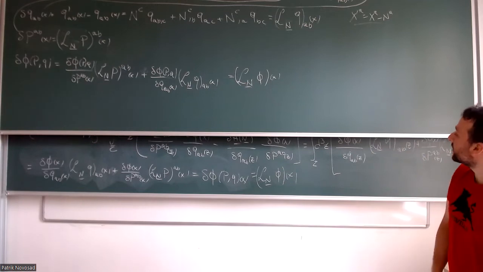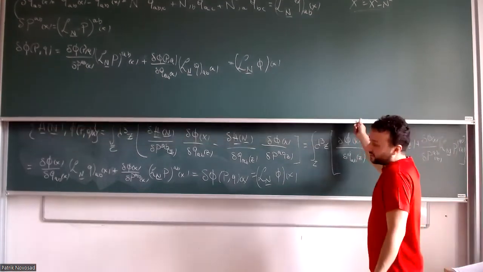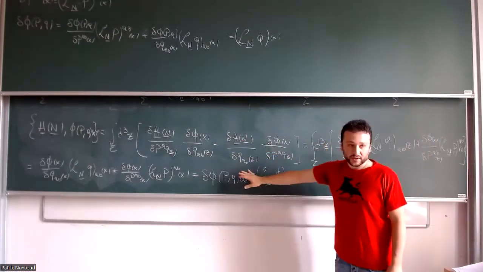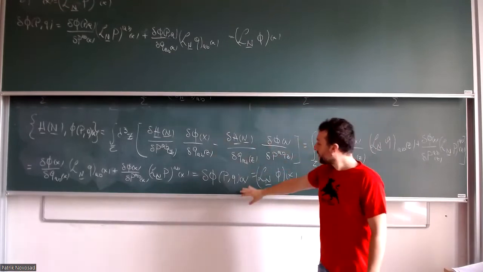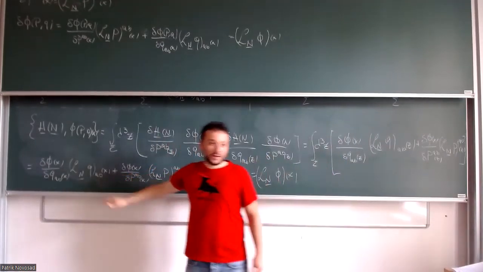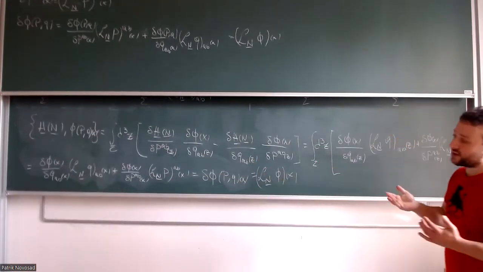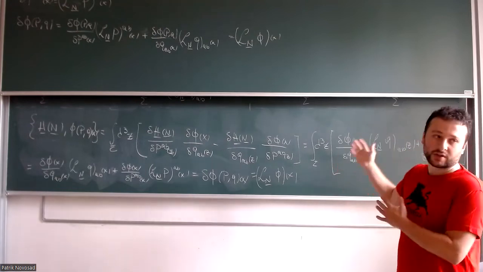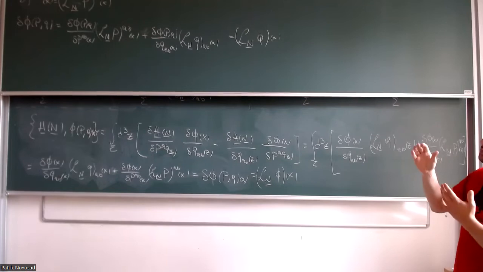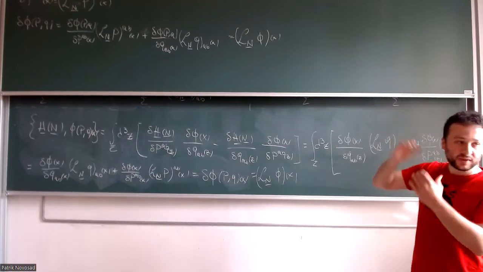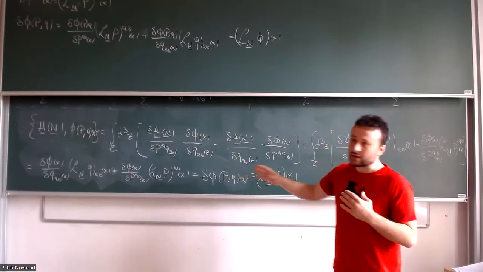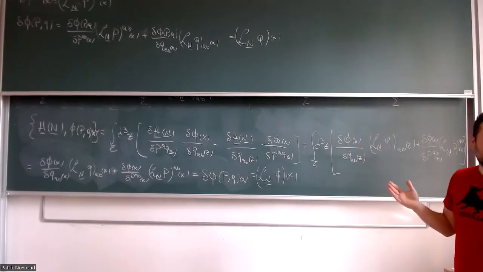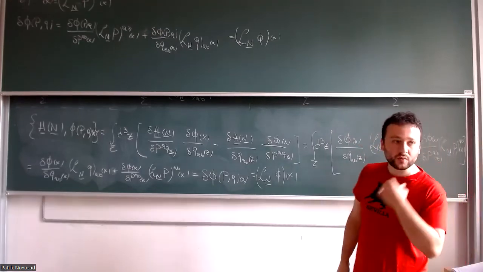We could compute all of this without knowing that, and we get to this, and from this we say that's exactly the variation of phi when we change the coordinates. Maybe it could be the other way around: first we say this, and then compute the variation when we change the coordinates. Maybe that's another way of saying it.